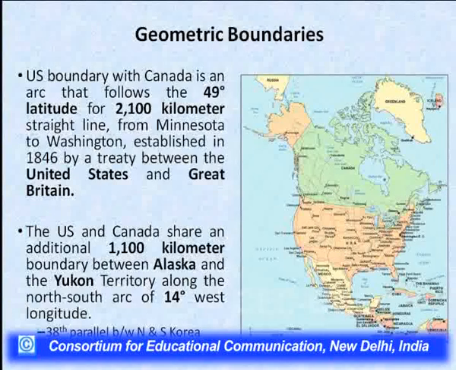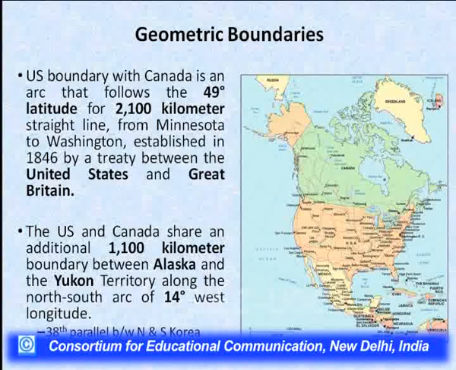We can see the example of the North American region, where the best example of geometric boundaries is the boundary between the US and Canada, which is around 2100 kilometers and follows the 49-degree latitude, starting from Minnesota to Washington.